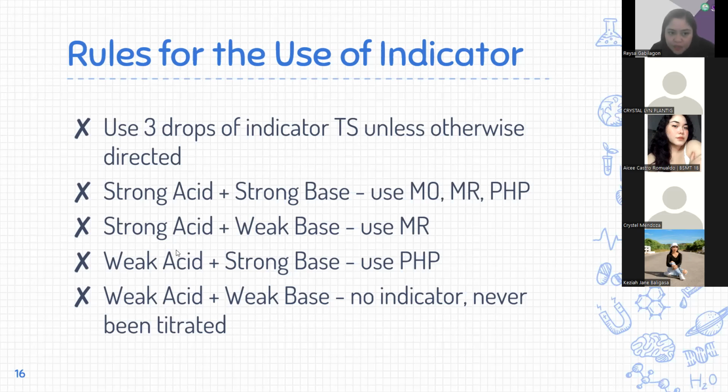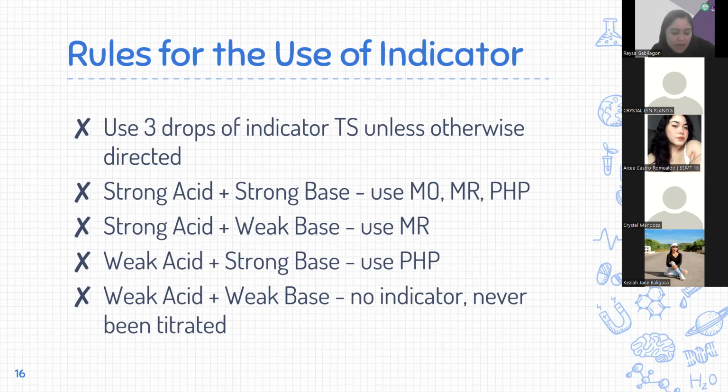But if we are going to titrate strong acid with a weak base, we are going to use the methyl red. Again, take note, strong acid and then weak base na titration, methyl red yung gagamitin na indicator. However, if weak acid yung isa and then weak base yung another one na substance, plus we still have no indicator for this, and we have never titrated weak acid and weak base.